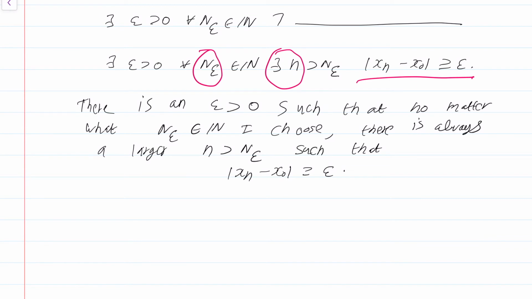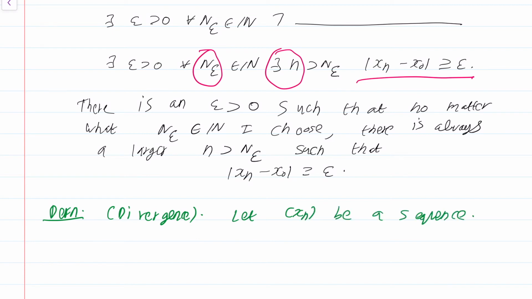Now let me give one definition. Since we saw the meaning of xn does not converge to x naught, the next definition is that of divergence. Let xn be a sequence.